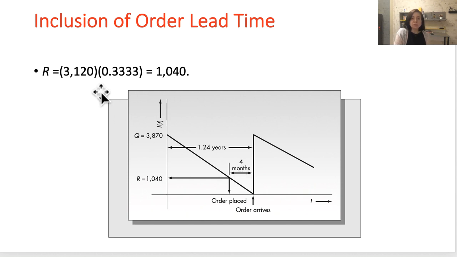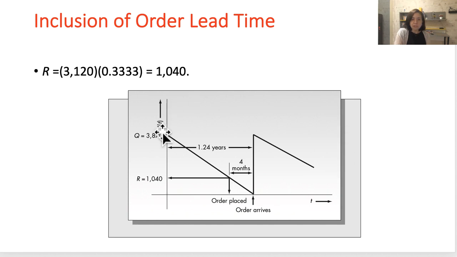That is equal to 0.33 years. We multiply this with the demand rate and obtain 1040. This is the inventory level when we should give our order.